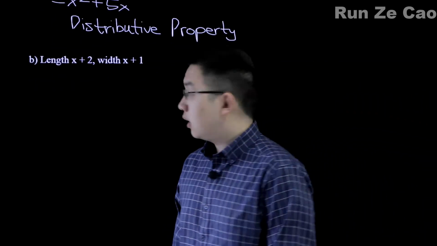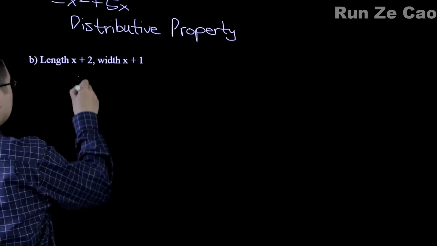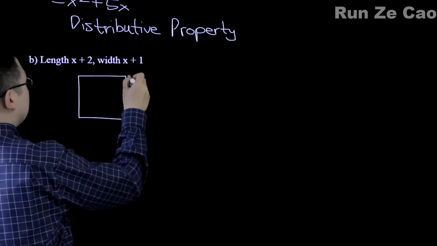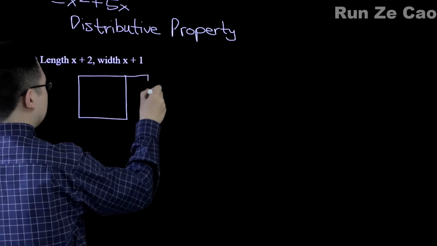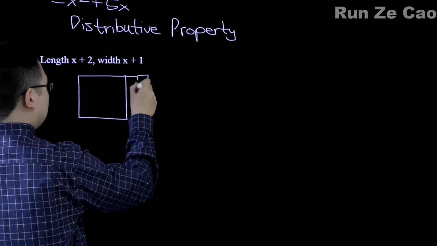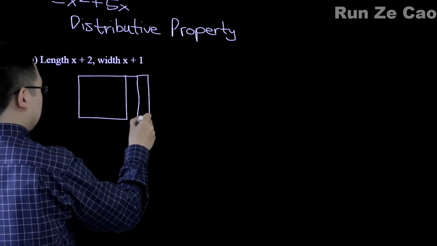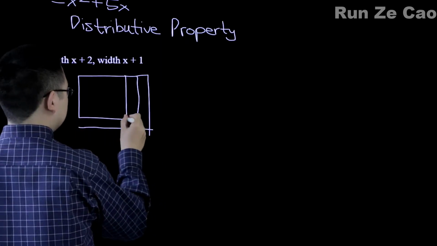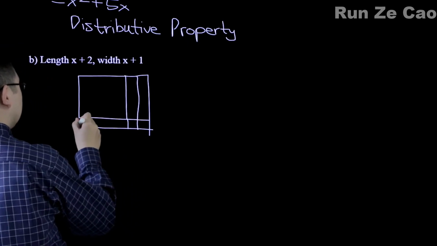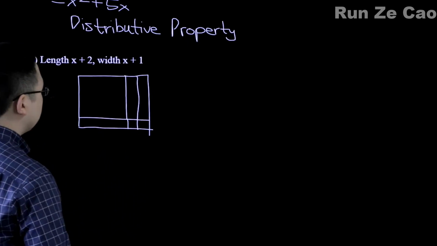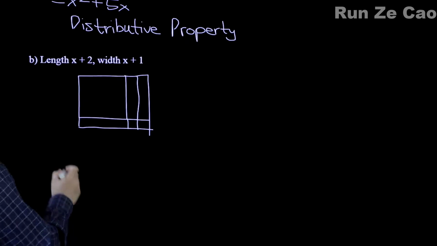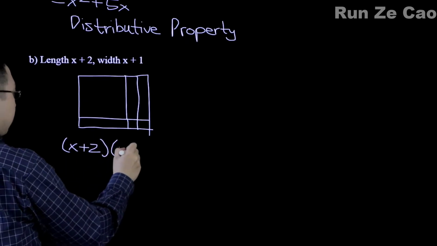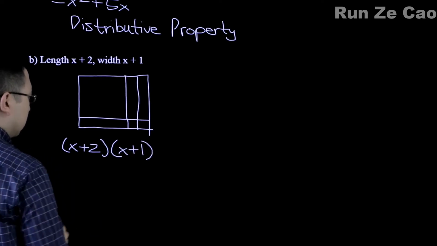Length x plus 2, width x plus 1. Well, okay, that one is a little bit over. So, what do we have here? Well, x plus 2 times x plus 1.